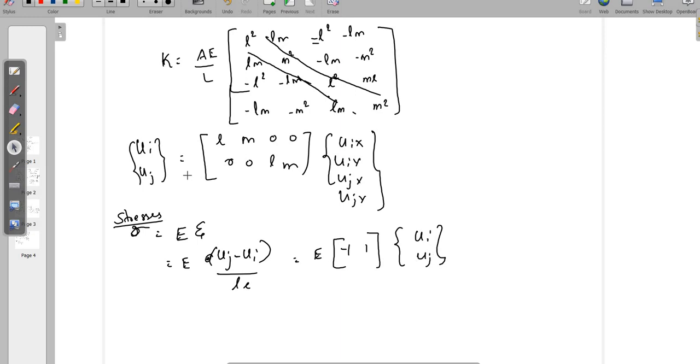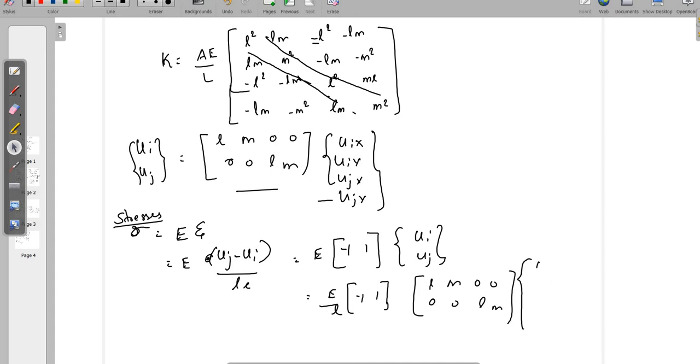Now I am going to substitute ui and uj here to get the final form: E by L, minus 1, 1, and the transformation matrix LM 0, 0, 0, LM, and the displacement in global level. This is the final form of the equation for stress.